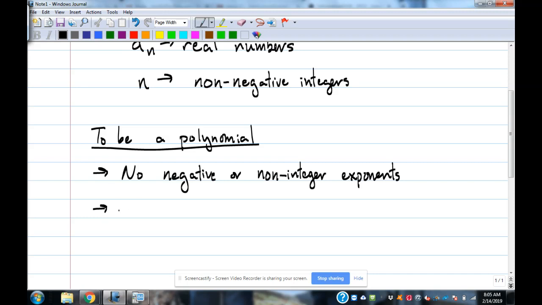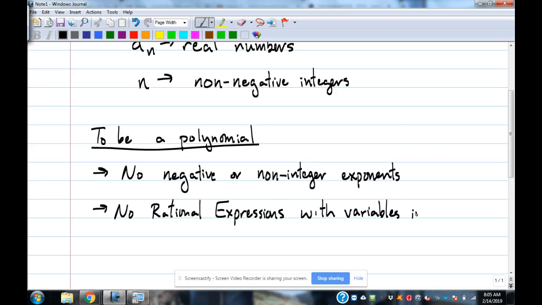So no rational expressions with variables in the denominator.